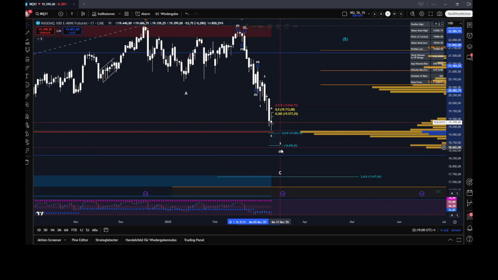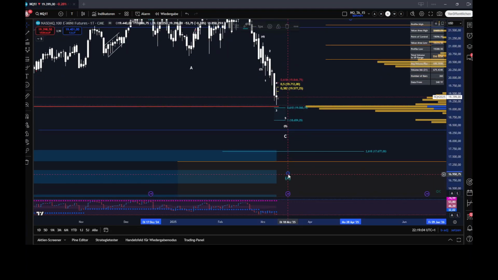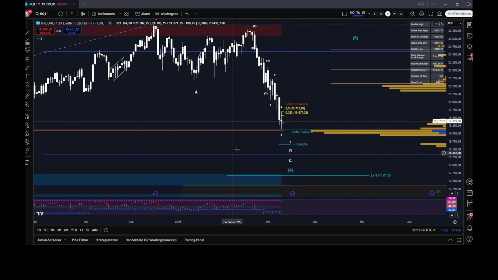And that is then, ladies and gentlemen, a real nice liquidity swing to the downside. Because we bounced a little bit above it, we hit the first area of that, but we did not really grab it. So it could be a quick swoop down, hit the 61.8 extension at 19,060, with the point of control at 19,069, and then we get our B wave to the upside. That could be a good scenario right now.